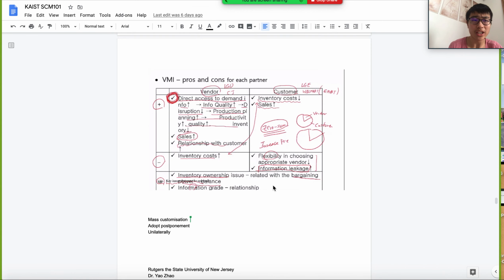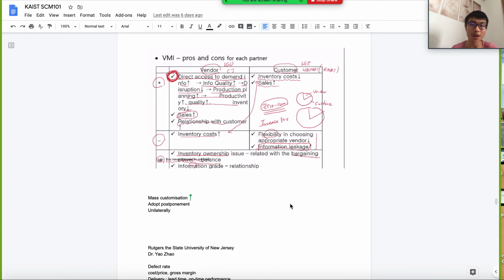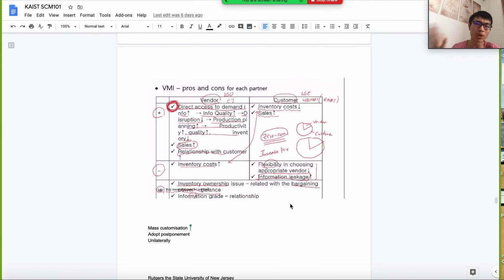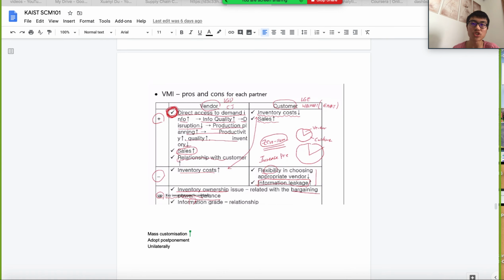Moreover, in coordination we have this problem called information leakage, because we have to pass on certain information, but we also don't want certain confidential information to be leaked to other parties in our supply chain. So this is a recap on the advantages and disadvantages and what VMI is.